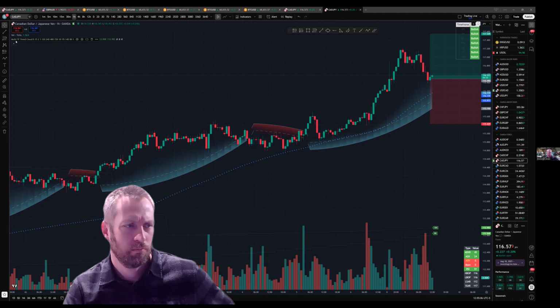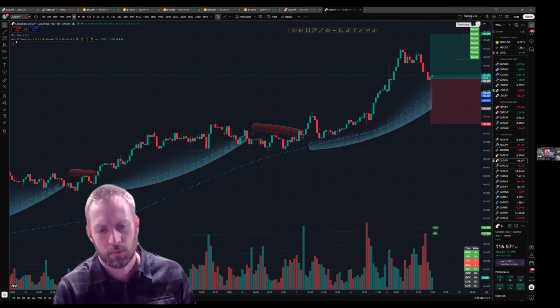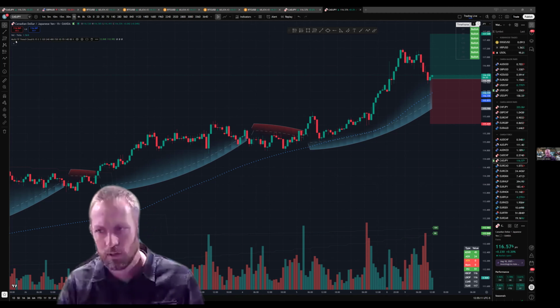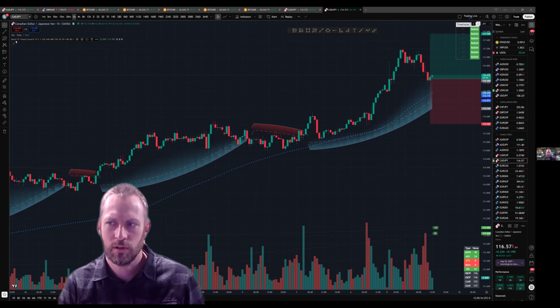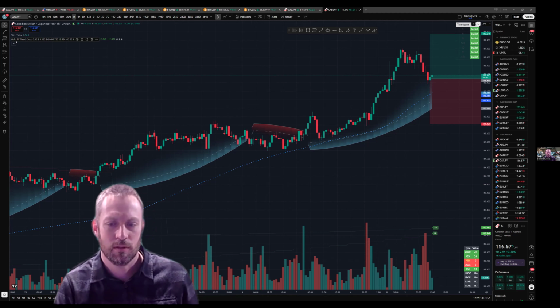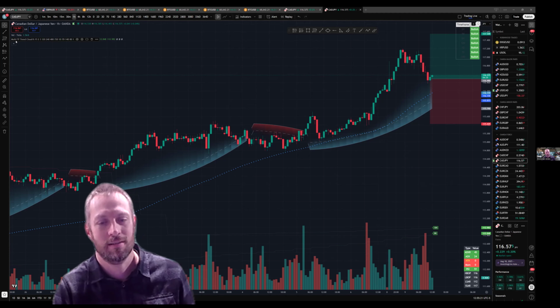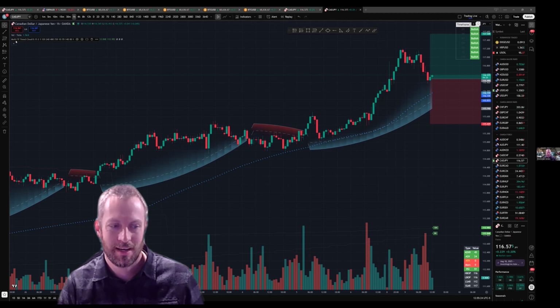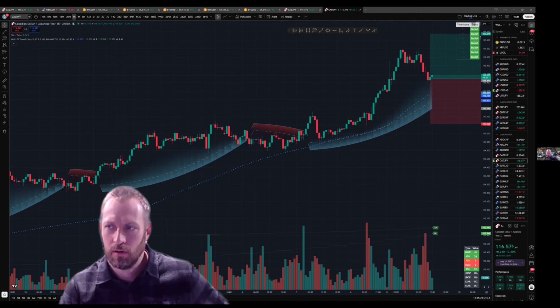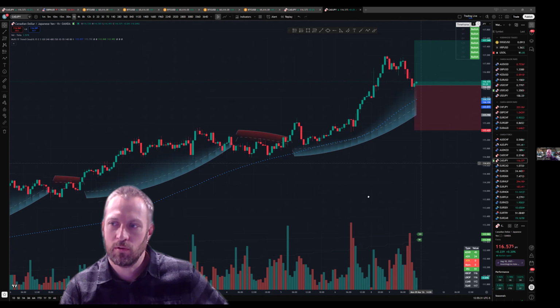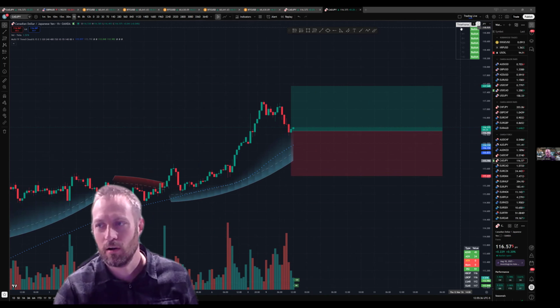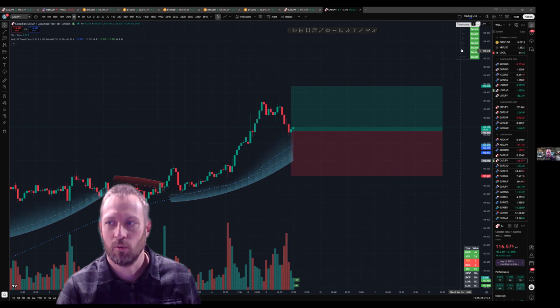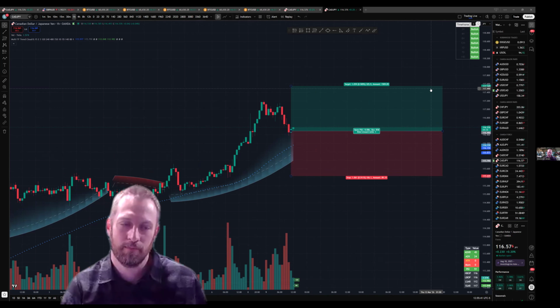With this multi-time frame trend cloud, what I'm saying is, on these specific time frames, I'm looking for all of them to be aligned going the same direction. So it's a high odds trade. Over here in the top right hand corner, you can see I have 2 hour, 4 hour, 8 hour, 12 hour, 1 day, 7 day, 14 day.